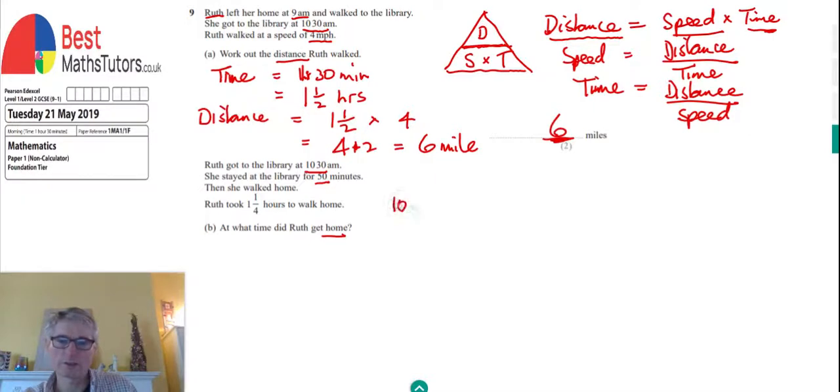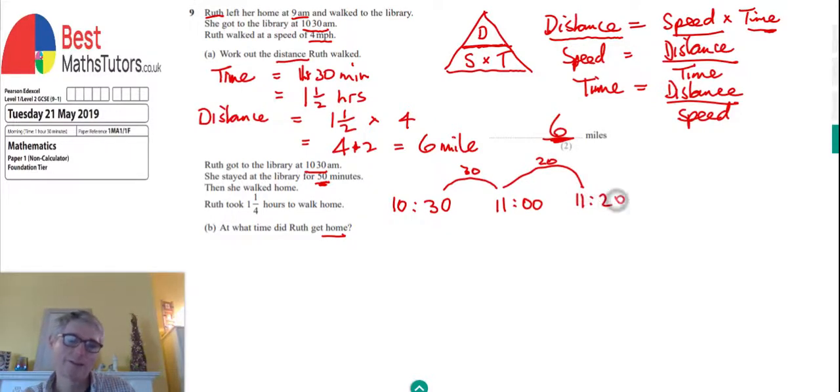So if we've got 10:30 is what time she arrived at the library, and I'm going to break this 50 minutes down into 2 bits. So we could say, well, 30 minutes would take us to 11 a.m. But obviously 50 is the 30 plus 20. So that means it's going to be 11:20 when she leaves the library.